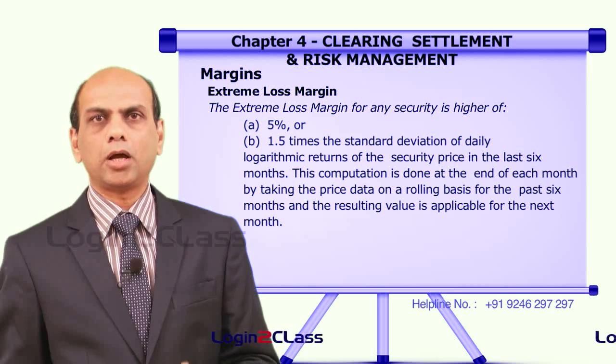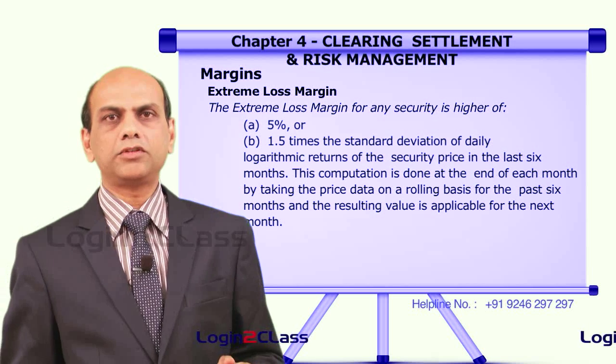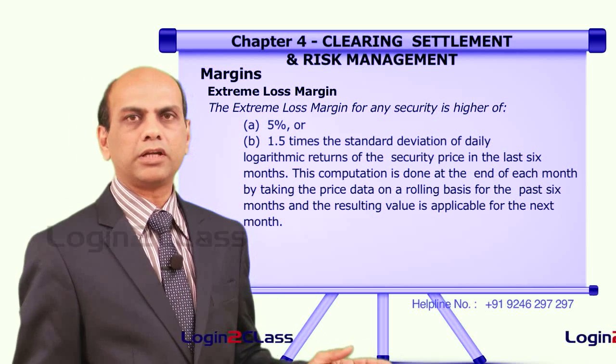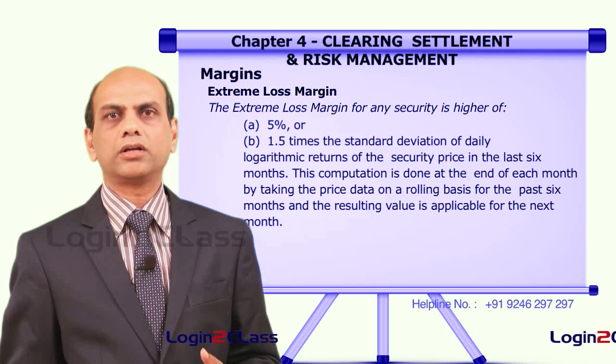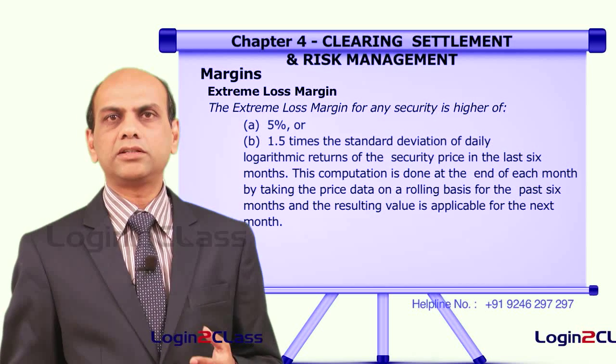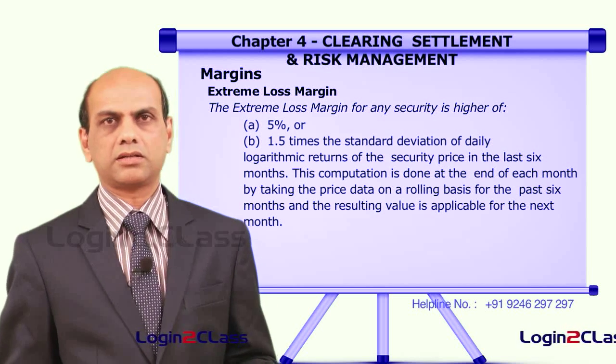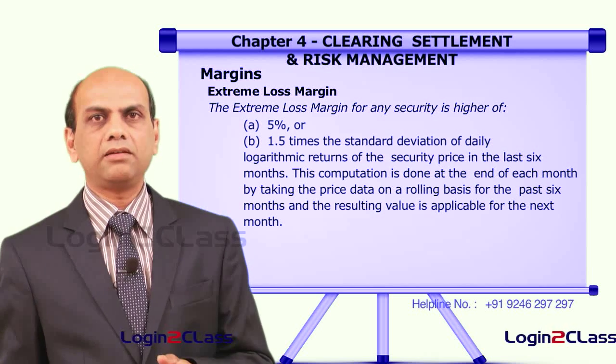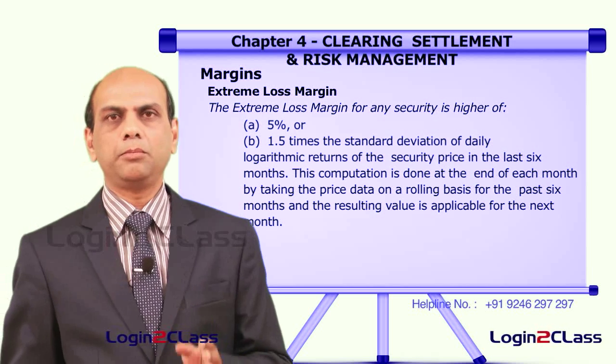This is dependent upon the activity of the stock in the last 6 months, and the daily logarithmic returns and the standard deviations and certain percentages are taken into account to arrive at this extreme loss margin.